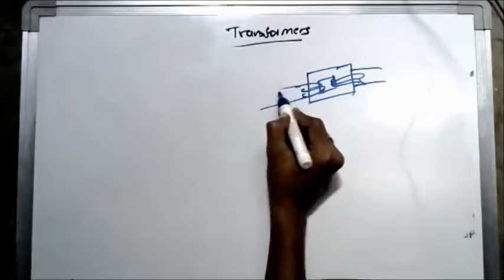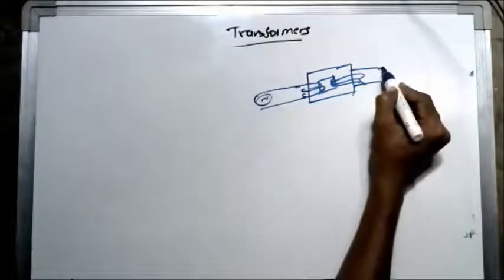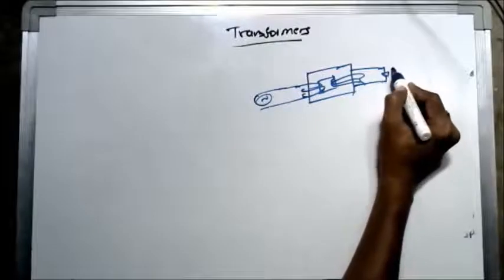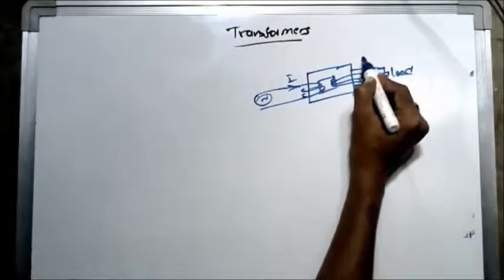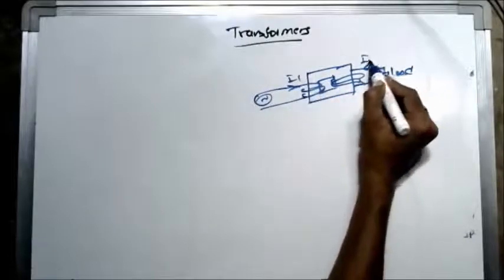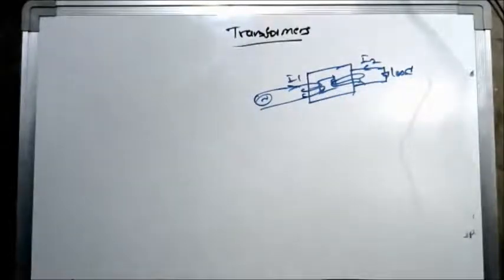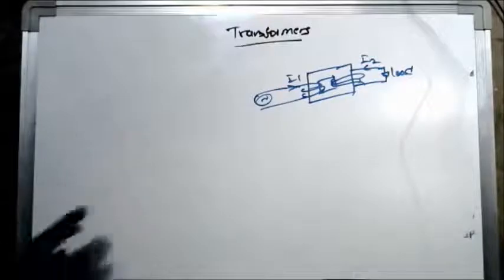This is the primary winding, this is the load. So this is I1, and this is I2. Okay. Now coming to this concept.